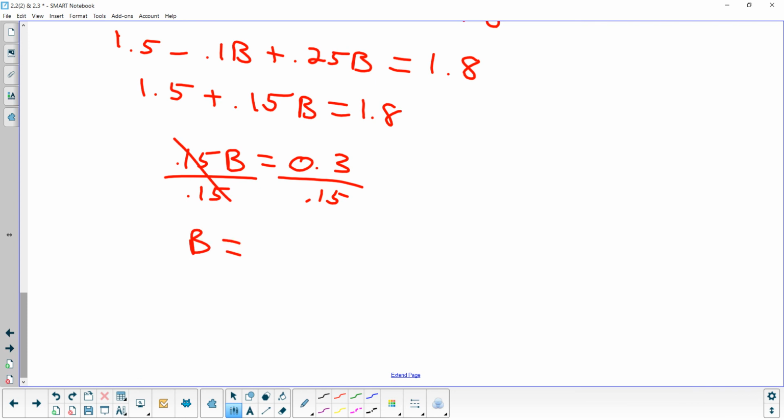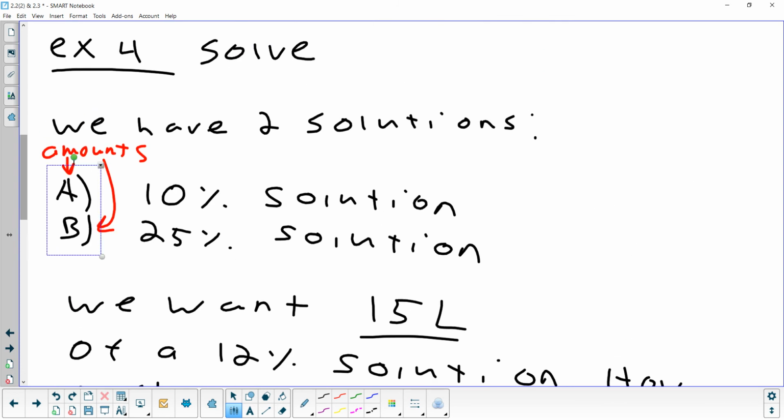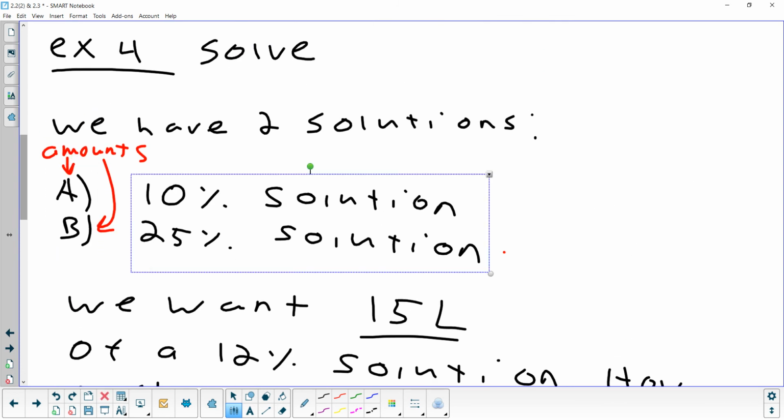What's 0.3 divided by 0.15? Alejandro? 2. Good. So B is 2. That means we need 2 liters. That's the amount. It's 2 liters of this solution.